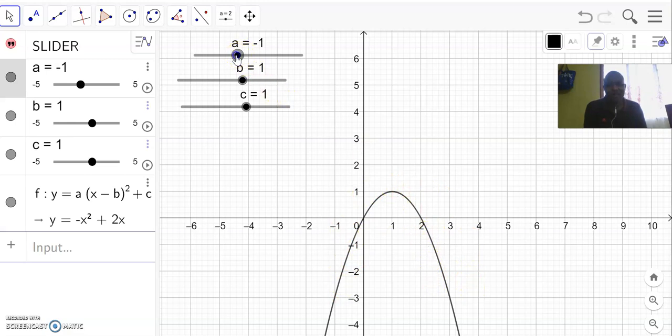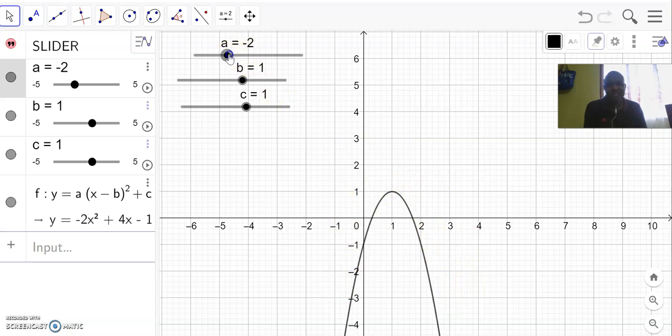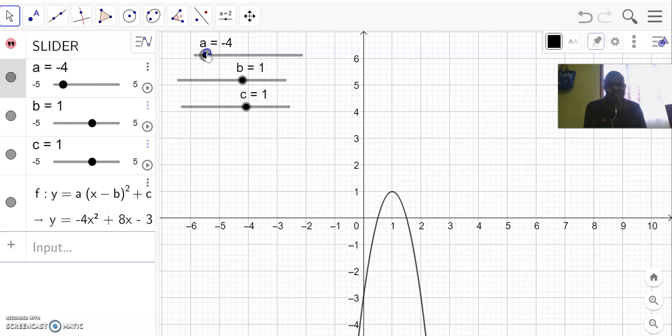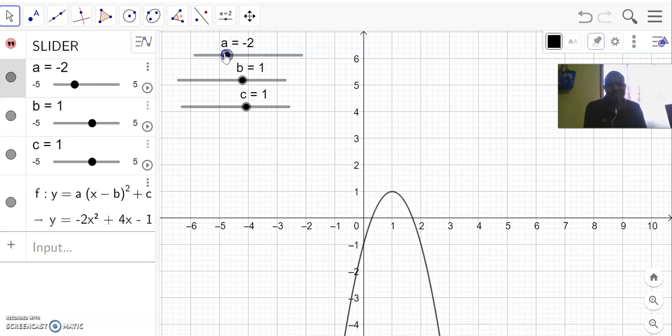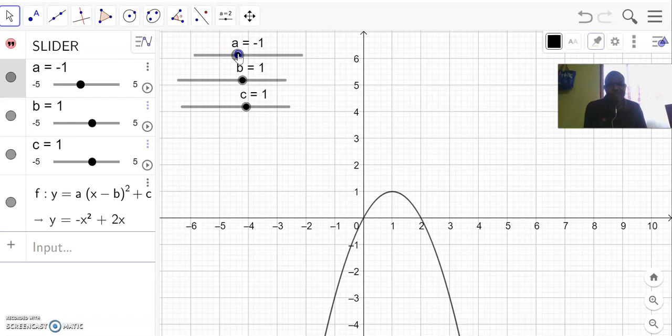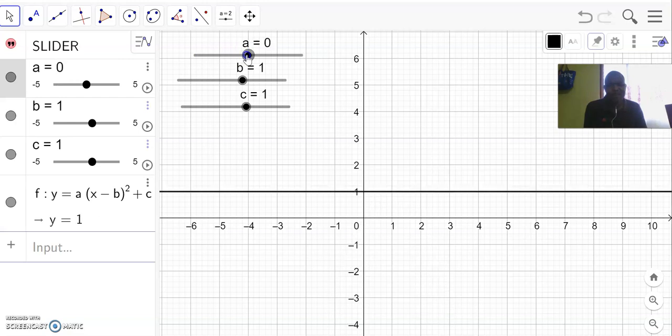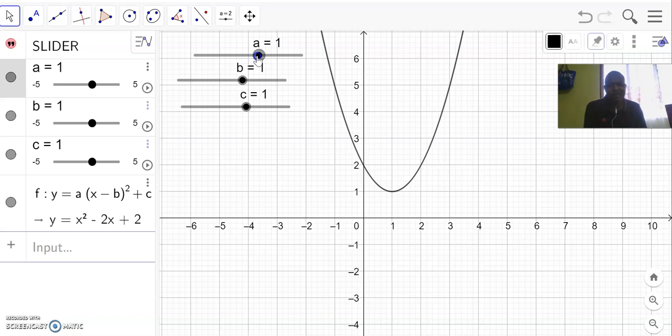So when we increase the values of A in the negative part, what happens to the curve? The curve becomes narrower. When you move towards 0, the curve becomes bigger, wider. These are some of the discoveries that the students have to make.